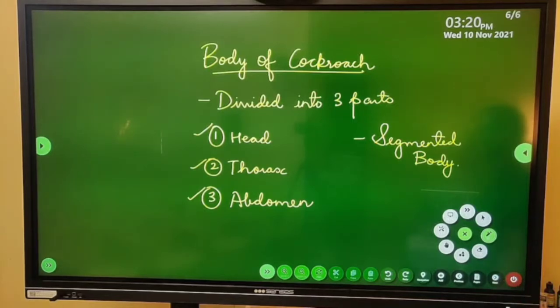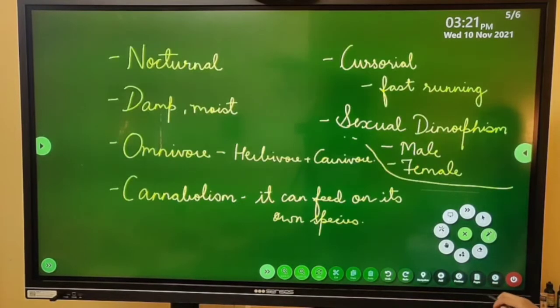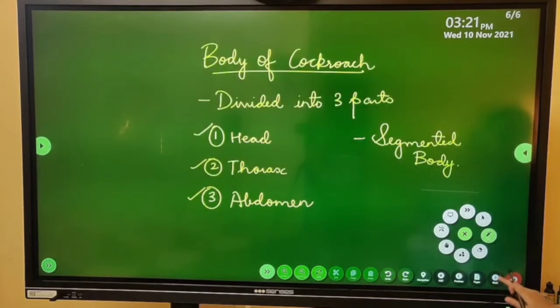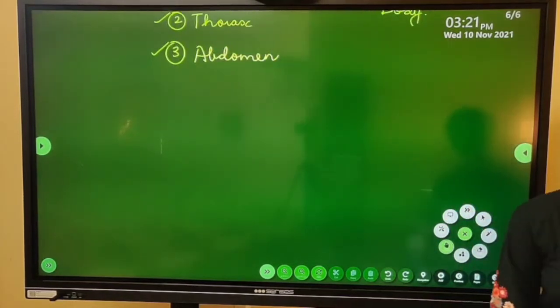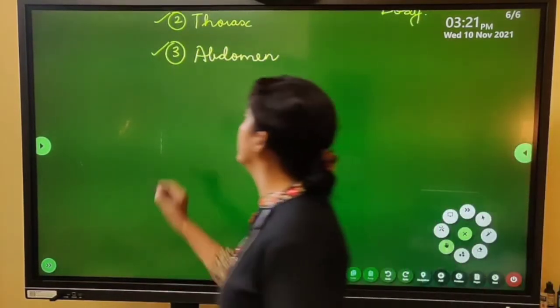Now, the chitinous exoskeleton, which covers the body, it is not in a single piece.